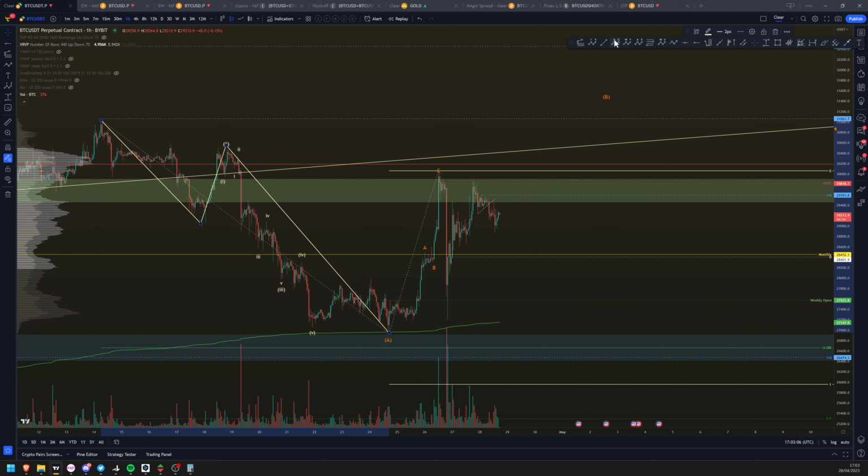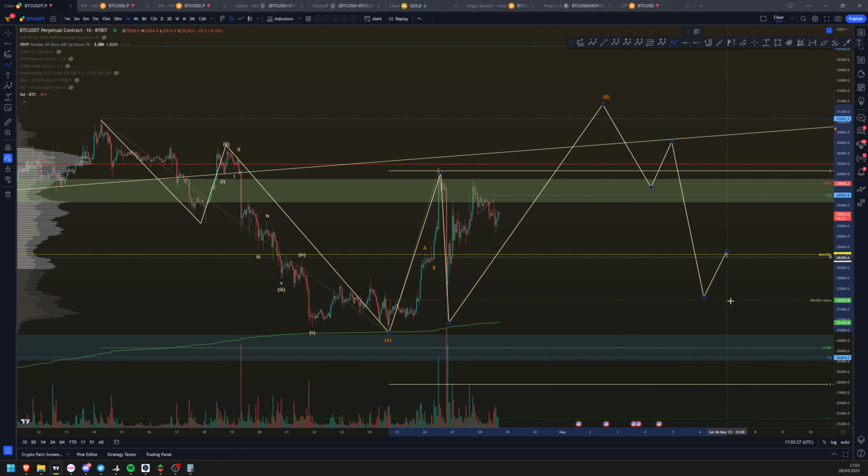Because, you know, a flat, we should have an ABC, the wave A, and not 5 down. That's one of the big differences between a flat and a zigzag. So can we have an ABC as a B, take the high here, and come back down for an expanded flat, for example? Take the low still.